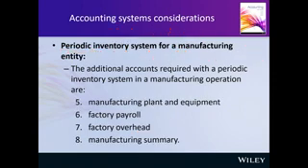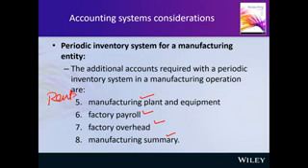Okay. So the additional accounts required are manufacturing plant and equipment, factory payroll, factory overhead, and manufacturing summary. We need to distinguish the payroll, the wages of factory employees from other employees. We also need to distinguish, for example, rental.